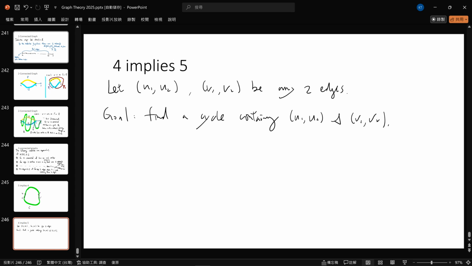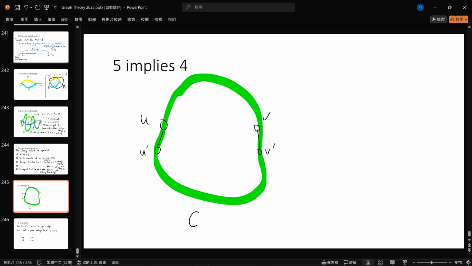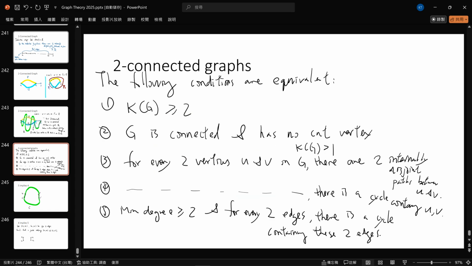Okay, so this is our goal. Starting with two edges, you want to create a cycle. And also we have to show that the minimum degree is at least 2.